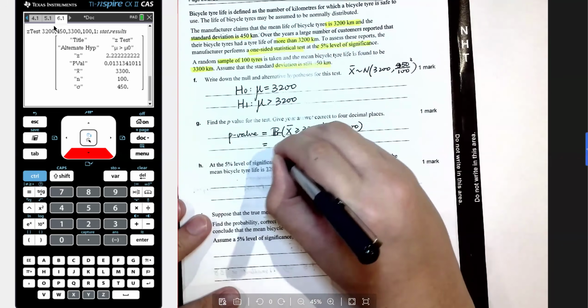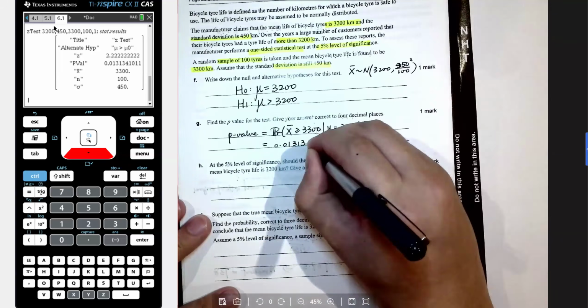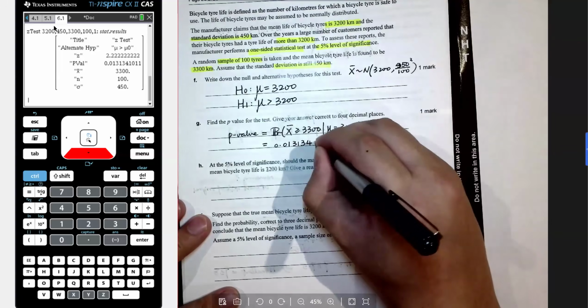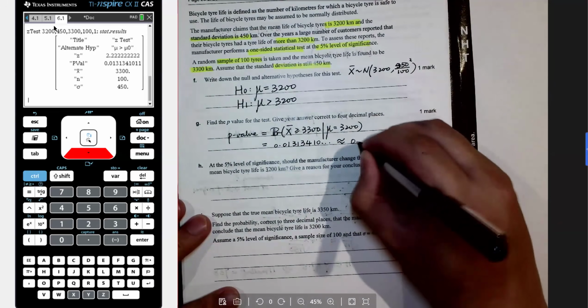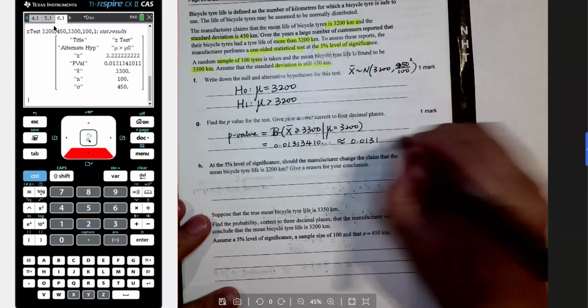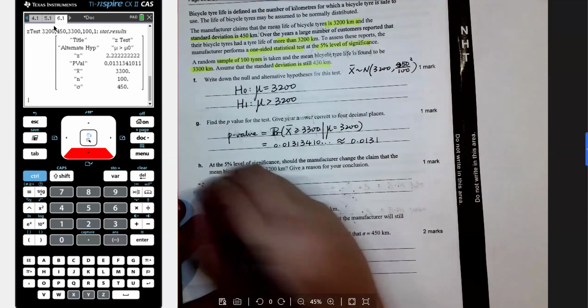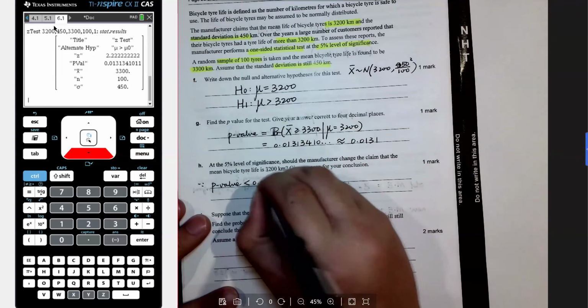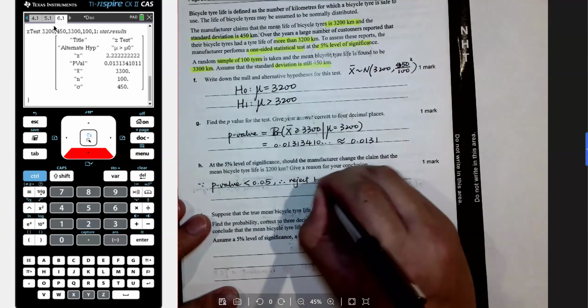And that gives you 0.0131341. Rounded to 4 decimal places, 0.0131. And this p-value is less than 0.05. Therefore, reject H naught.